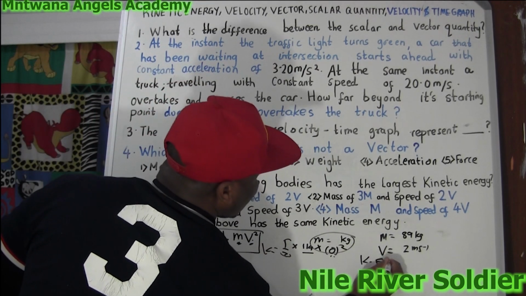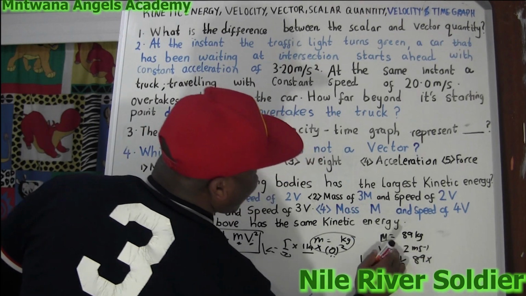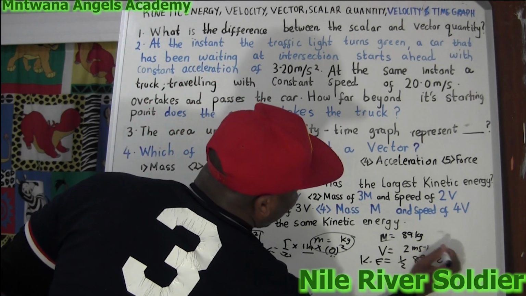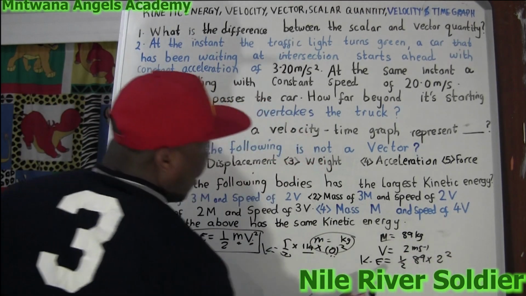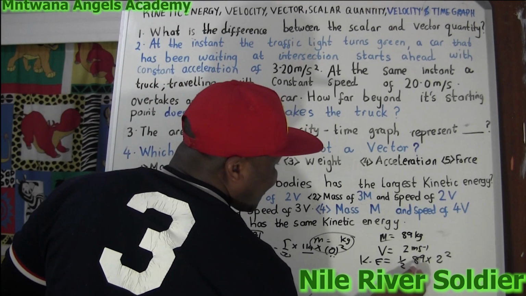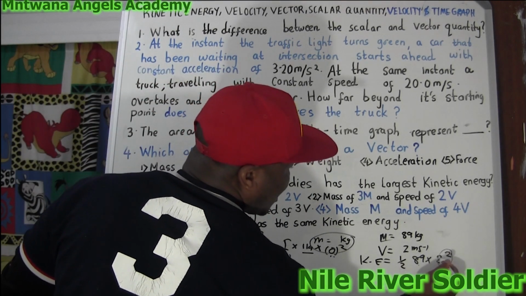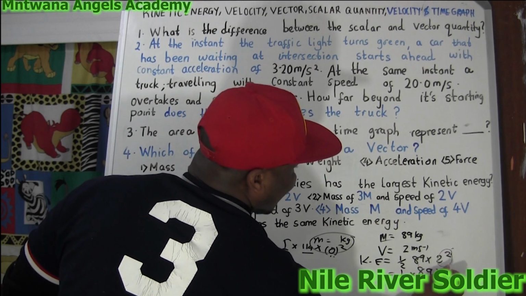Now let's find the kinetic energy. Kinetic energy is equal to a half times my mass, 89 kilograms, times velocity squared. Velocity is 2, so 2 squared is 4. So it's a half times 89 times 4.